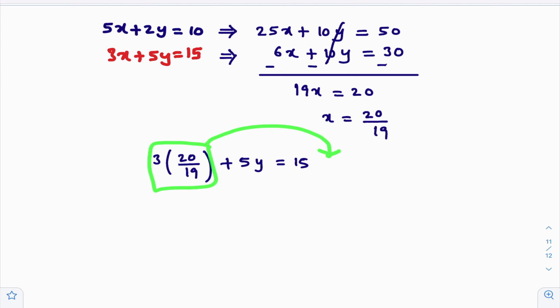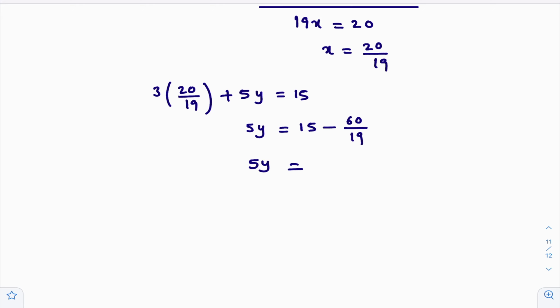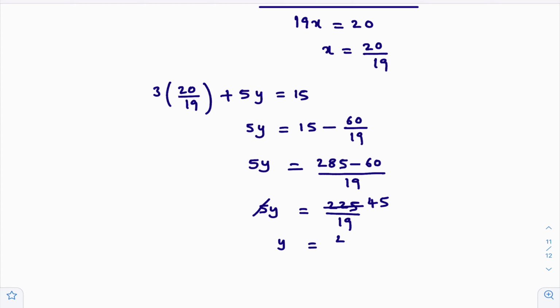You take it to the right hand side. 15 into 19 is 285, minus 60, divided by 19. 5y equal to 225 divided by 19. 5 into 225, 45 times. So you will get y equal to 45 divided by 19.